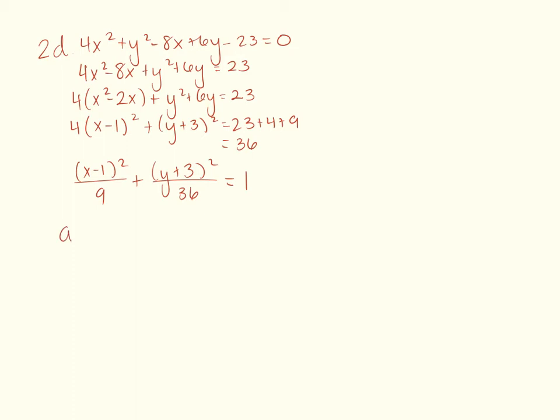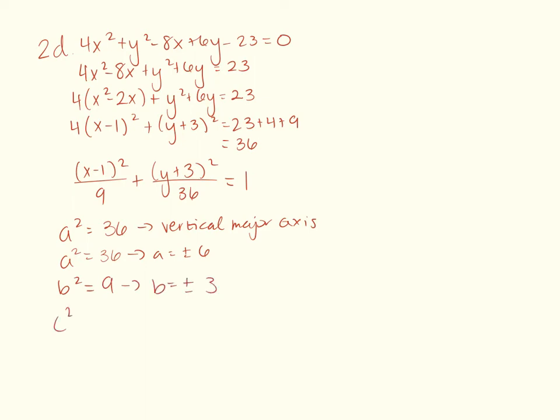A squared is the largest denominator, so that's 36. So I have a vertical major axis. a squared is 36, so a is plus or minus 6. B squared is 9, so b is plus or minus 3. C squared is the difference of the two, so that's 27. So c is plus or minus 3 root 3.